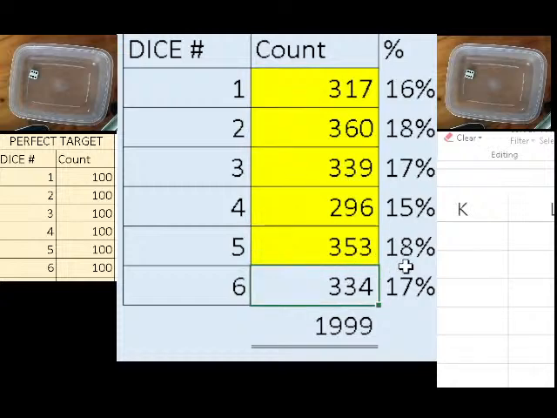It's 1,999. And the lowest is 15%, high 60%. So it's sort of getting there.